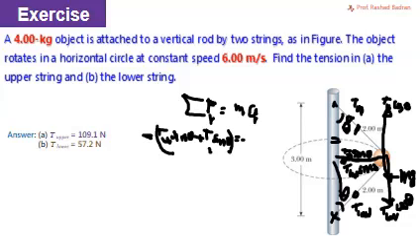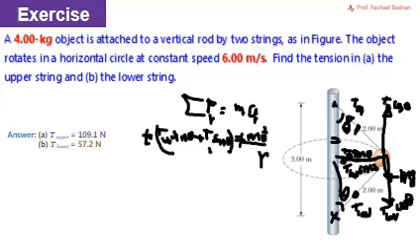And on the right-hand side, we have the acceleration with a negative sign as well, v squared over r. Then the minus sign is taken off from both sides.